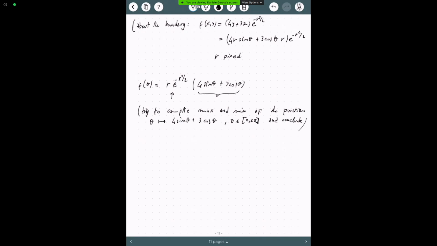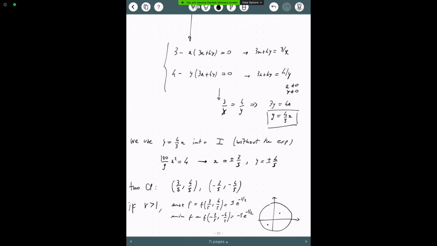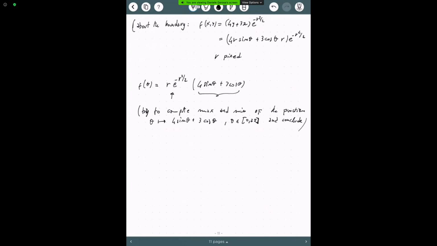Yes, so this was the case for r strictly equal to 1. What happens for r less or equal than 1? So for r less or equal than 1, the critical points that we found are not interior points anymore, right?